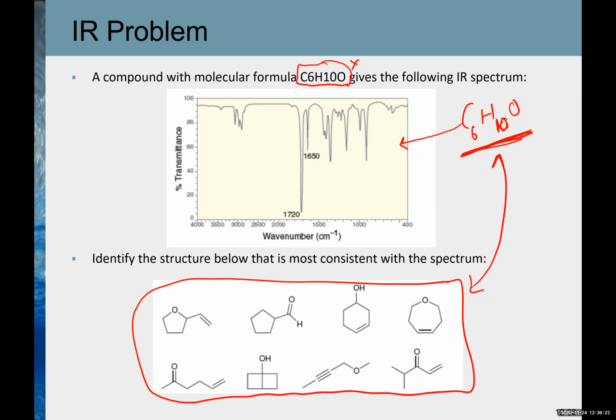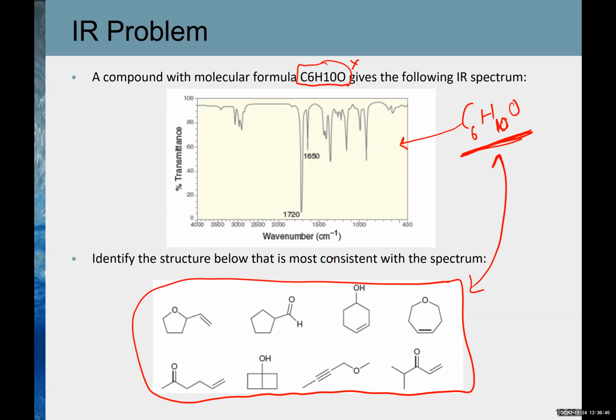Think about it, and please include me in your thought process. So think out loud, whatever you're thinking, just say it, and then we'll come up with the answer. Okay, so let's go. What compound out of these 8 molecules labeled down there will give this spectrum?